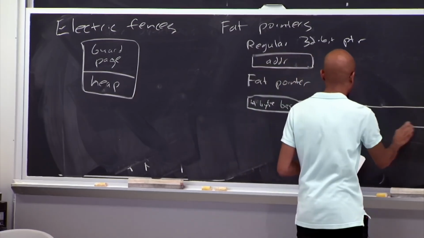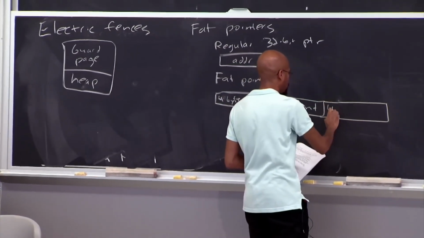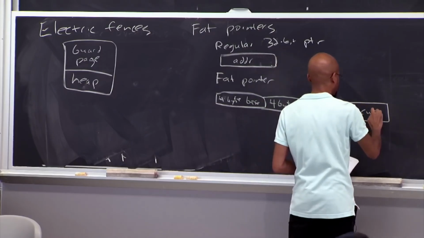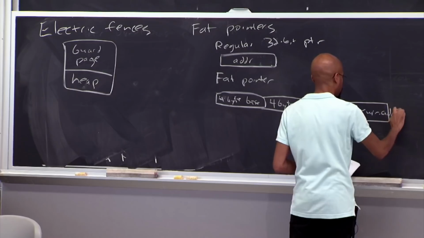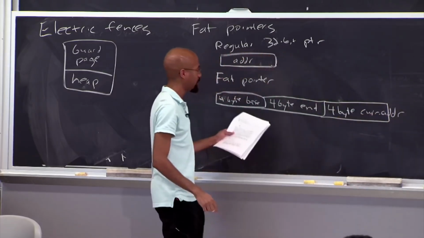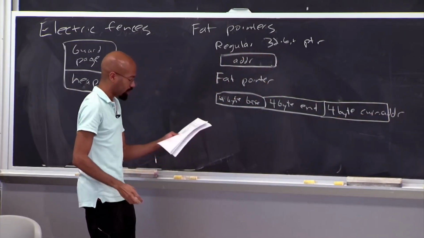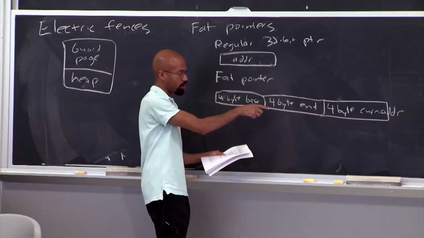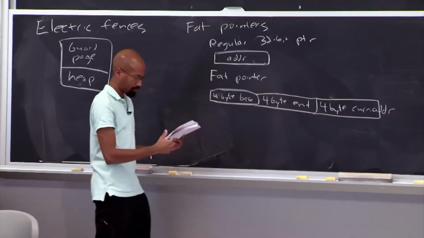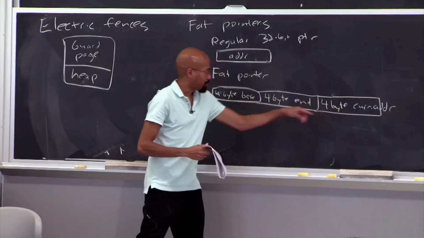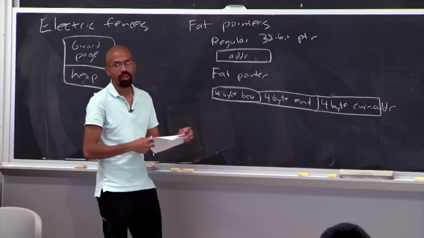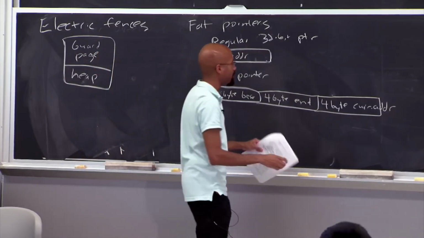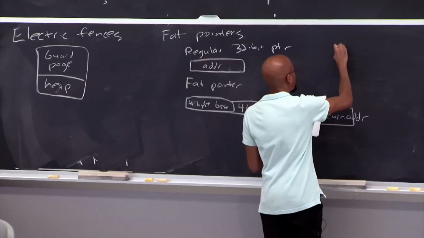And then you've got a 4-byte cur address. So this is where the pointer actually is within those bounds, right? So basically the compiler will generate code such that when you access these fat pointers, this gets updated, but it'll also check these 2 things to make sure that nothing bad has happened during that update.